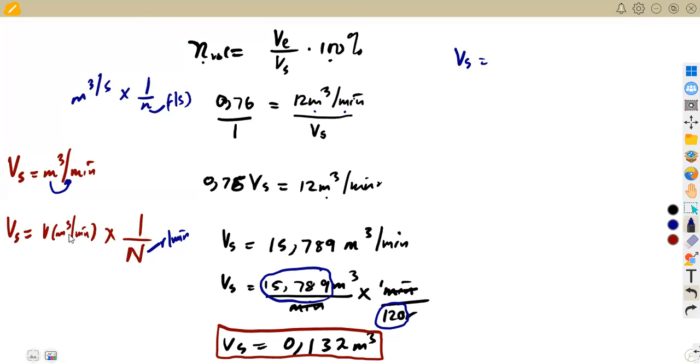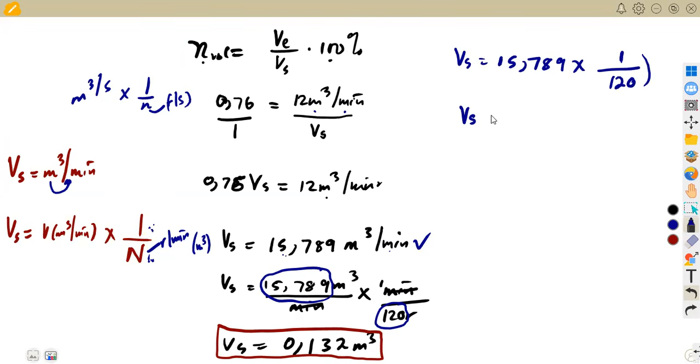If you are given revs per minute, your n is supposed to be in revs per minute. So here we have got cubic meters per minute. So our VS from the value in cubic meters per minute was simply going to be 15.789 times 1 over n, which is the speed in revs per minute, and our speed was 120. So it's going to be 1 over 120. So that gives us our VS at the end, our answer in cubic meters.